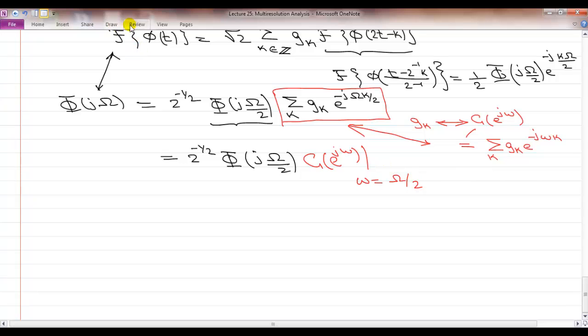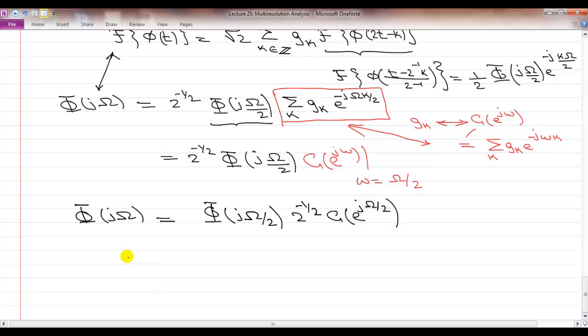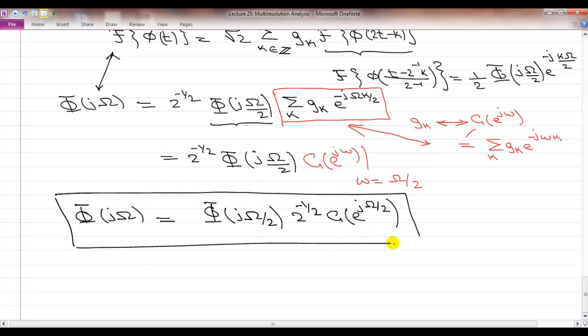So this means that, not worrying too much about the mathematical pitfalls that you can go into, we have written the Fourier transform of my scaling function as a recursion: phi of j omega is equal to 2 to the minus 1/2 g of e to the j omega by 2 times phi of j omega by 2. Now we can apply this recursion one more time.